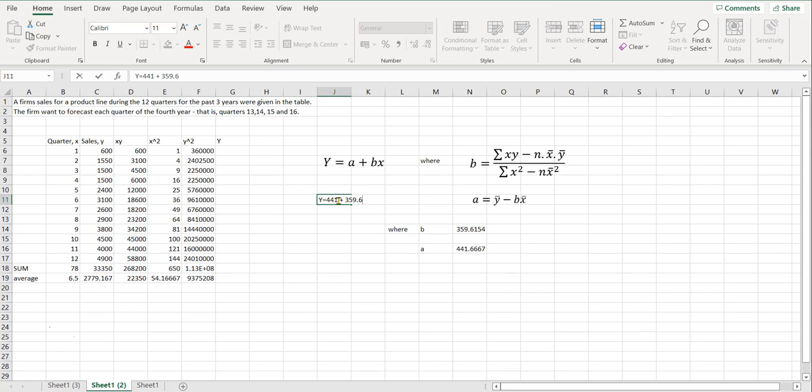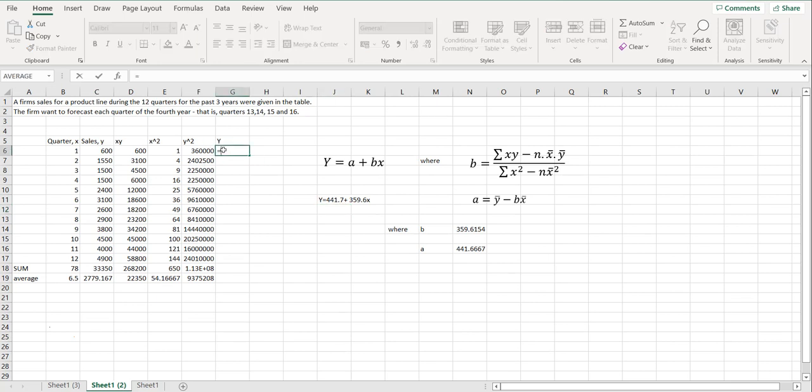Sorry, a is 441.7, my mistake. So do it again: 441.7 plus 359.6 multiplied by x. You can use this formula in this column.